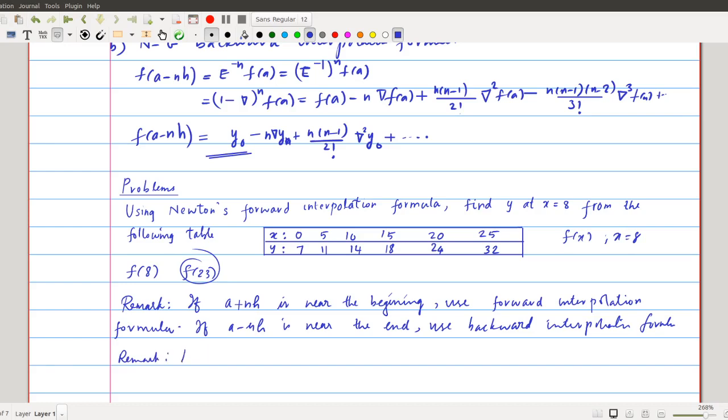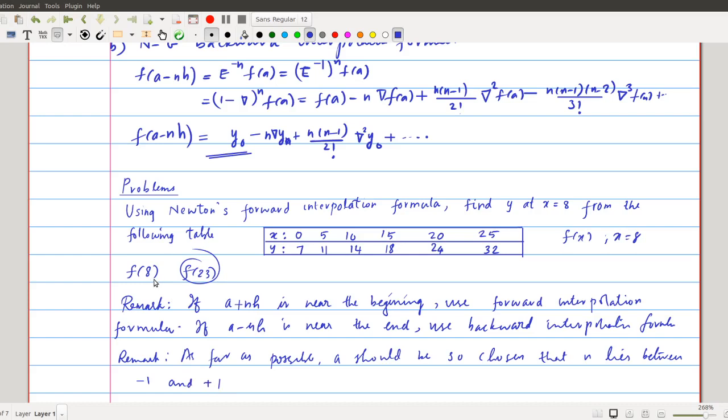Remark: as far as possible, a should be so chosen that n lies between -1 and +1.